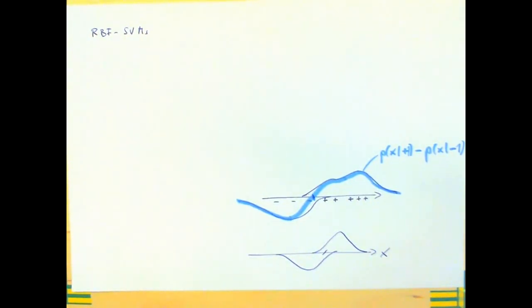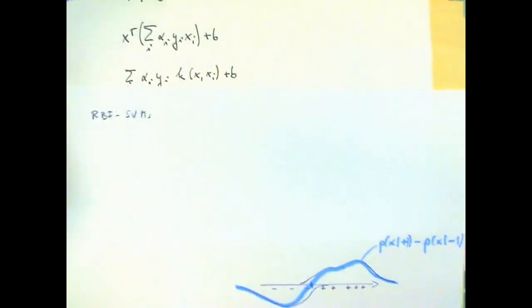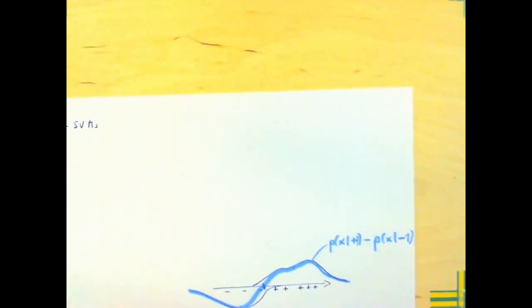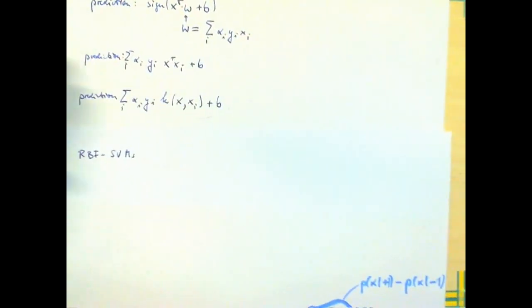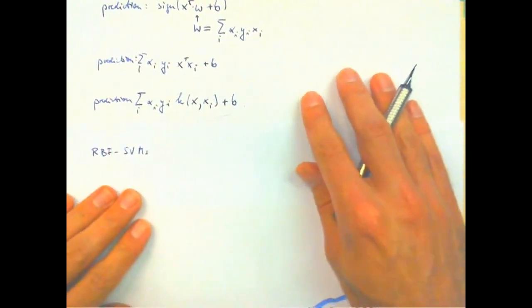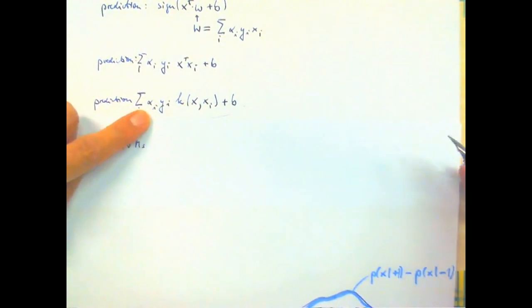Well, and now look again at the formula for the radial basis function SVM. So alpha i are the Lagrange multipliers, y i are the labels, and then we have the kernels.